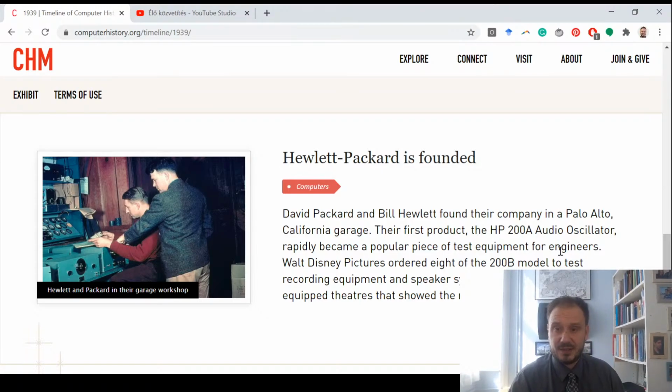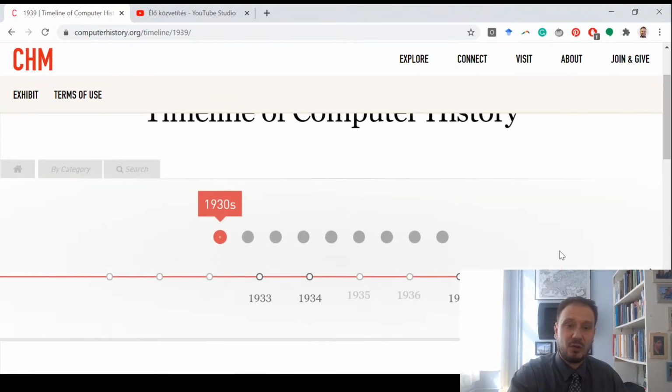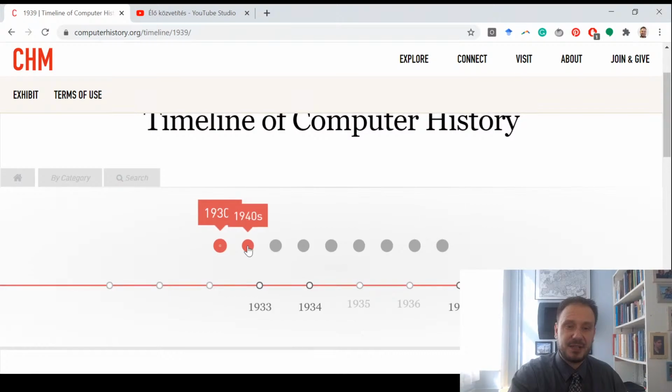And they made an HP 200A audio oscillator. It rapidly became a popular piece of test equipment for engineers, and Walt Disney Pictures ordered 8 of these models to test recording equipment in several theaters. So as you can see, it all began with different electronics.